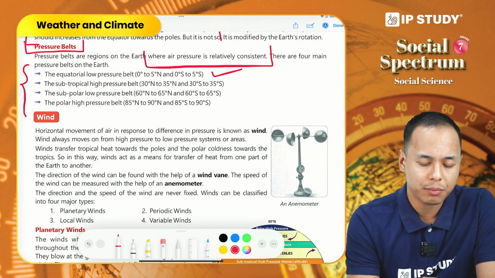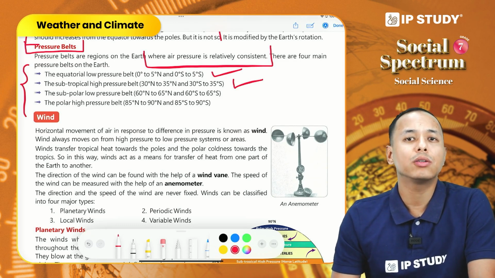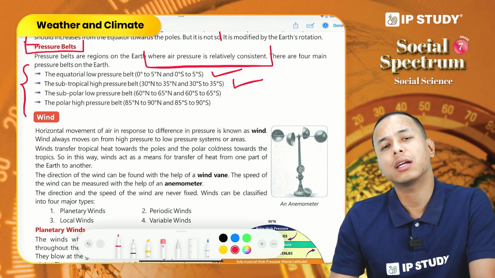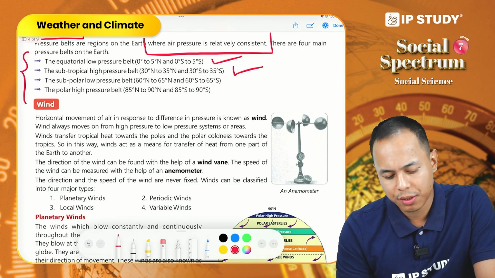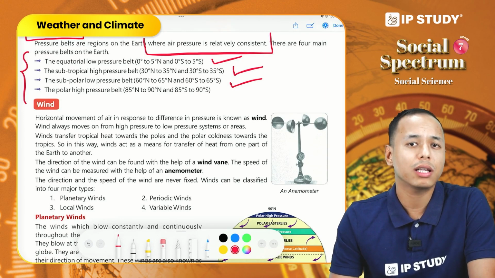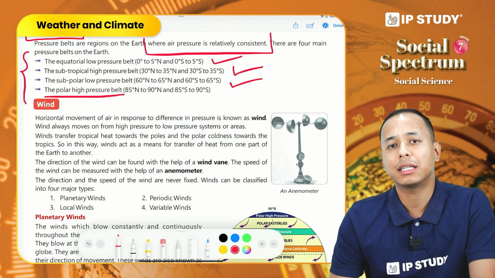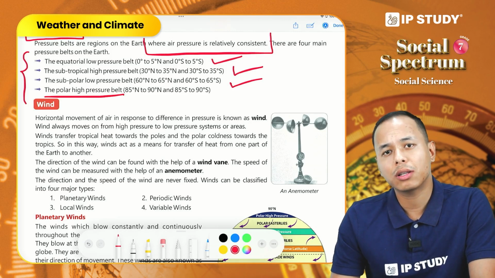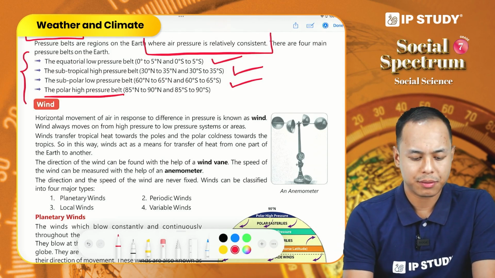Then comes the subtropical high pressure belt, 30 degree to 35 degree north and 30 degree to 35 degree south. Subpolar low pressure belt, 60 to 65 degree north and 60 to 65 degree south, and lastly the polar high pressure belt, that is 85 to 90 degree north and 85 to 90 degree south. So these are the four important pressure belts.